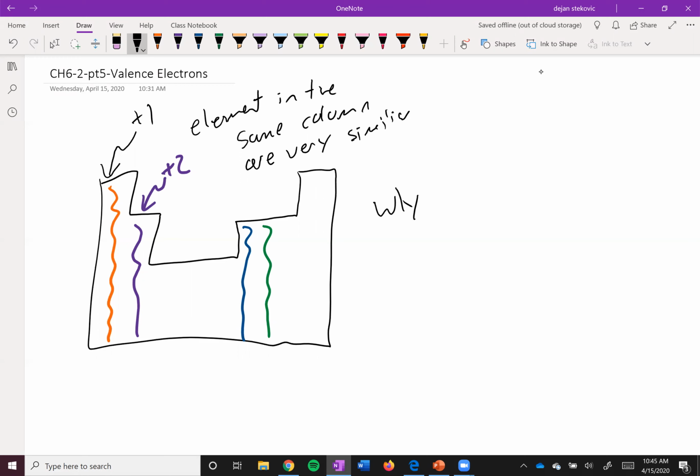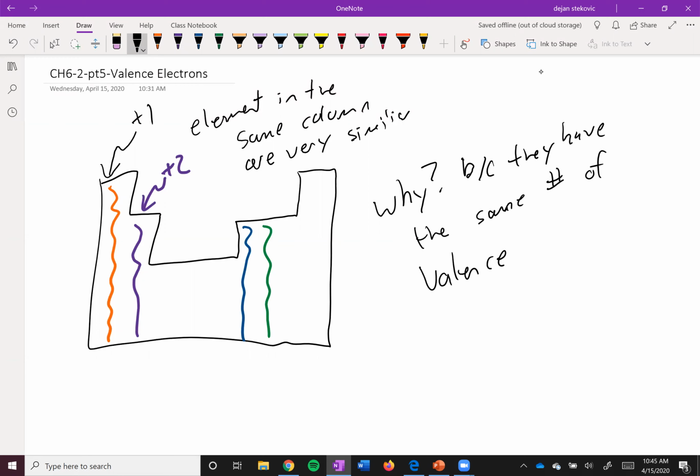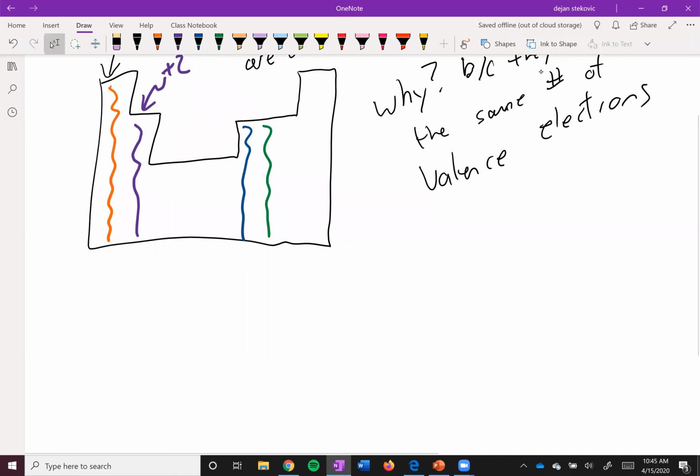So why are these similar? The answer is because they have the same number of valence electrons. Valence electrons, an extremely important topic in this course. So obviously you want to know what the heck is a valence electron.